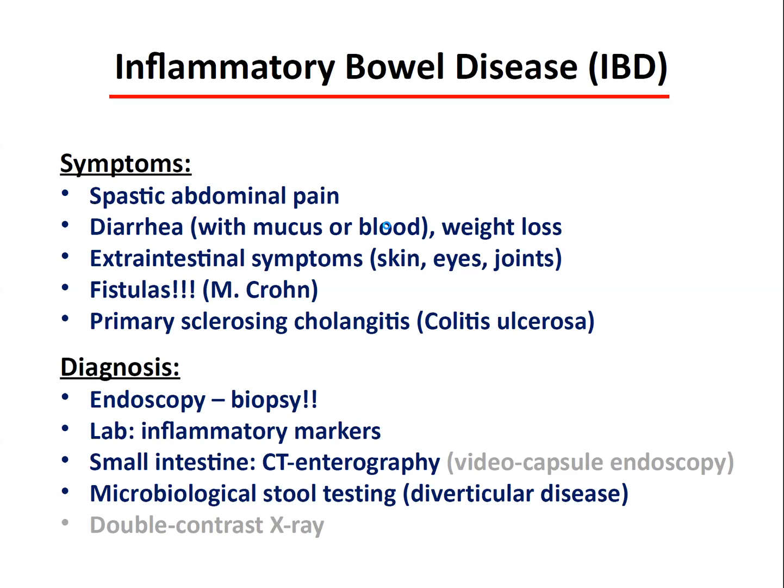And what it means is that endoscopy or rectoscopy and biopsy should be taken. In the patient, we should check the inflammatory markers such as CRP, for example, or procalcitonin. In the small intestine, CT enterography can be done, and sometimes a video capsule can show what the internal structure of the intestine looks like.